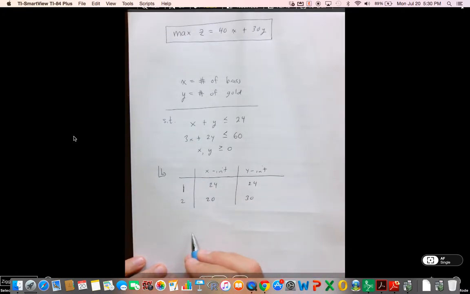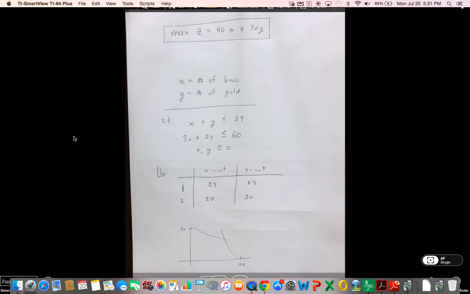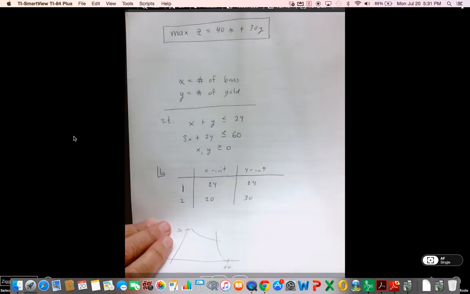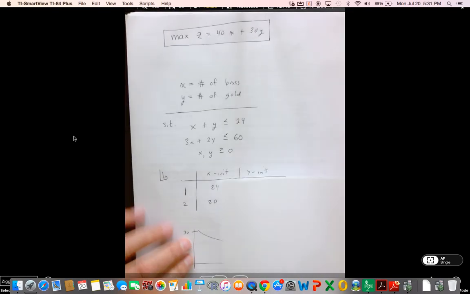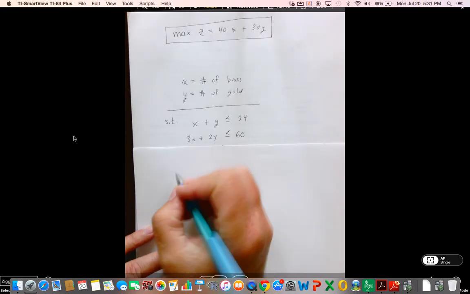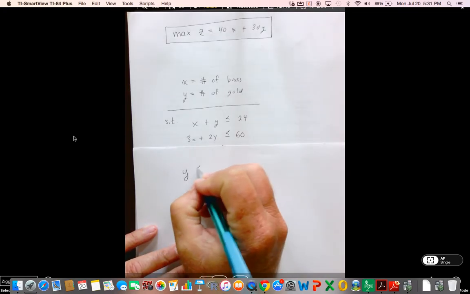So I'm thinking that what I need to graph on the x's goes out somewhere around 24, and on my y's, I want to go up to around 30. So I'm going to get something going on kind of like that where my feasible region is. Well, let's go ahead and work some things out. Now I want to solve for the first one, which is going to be very easy to solve for.